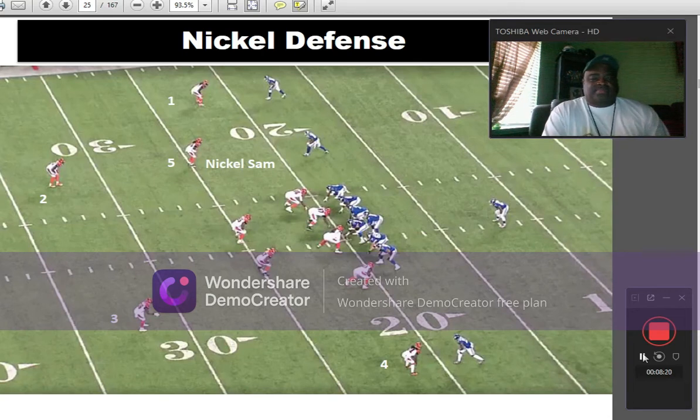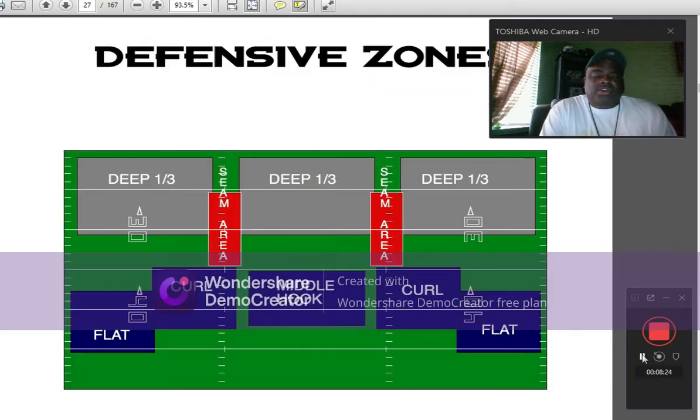Look at that. And as we look at the back end and the middle of the linebackers, or the left and right safety, or the monster and rover, whatever you want to call them, they're playing in the flats. And the 4-2-5 can also be played in a 3-deep secondary.